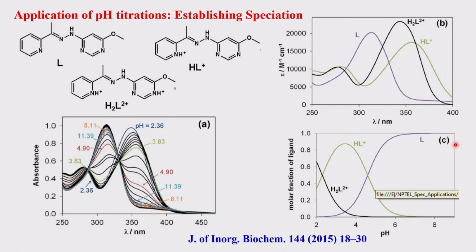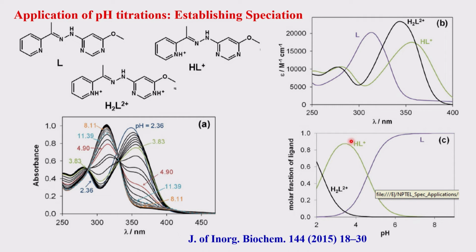There is nothing magic, you just need to use these terms to get this. That means absorption spectra are sufficient to work out the species distribution. From the area you can talk about the species distribution at a given pH. At a very low, acidic pH like pH 2, it will be mostly H2L2+. Around 4 to 5, it will be somewhat less acidic, and then it will be HL+.